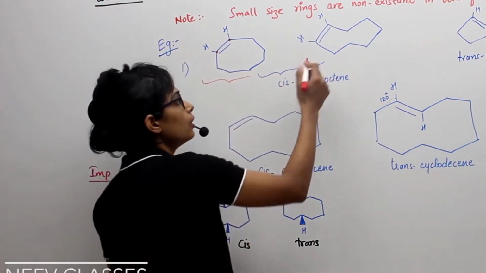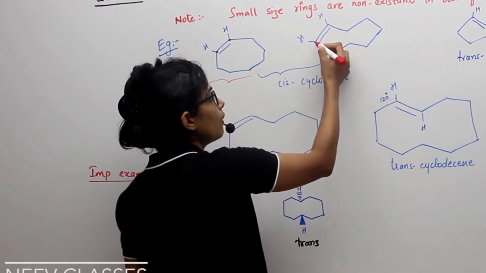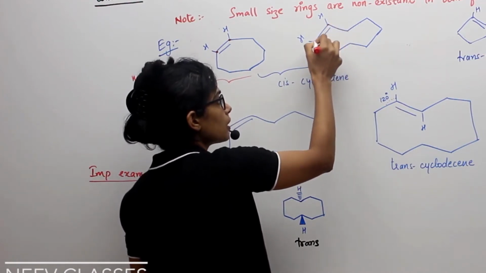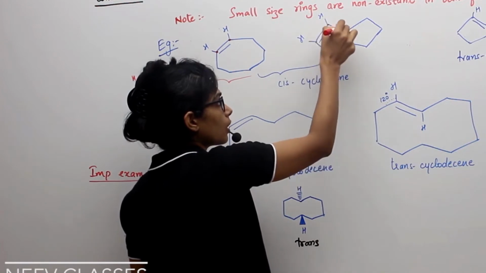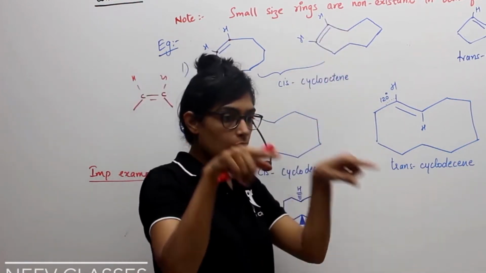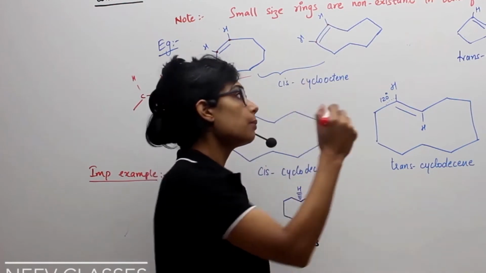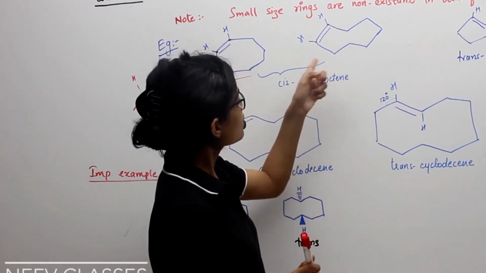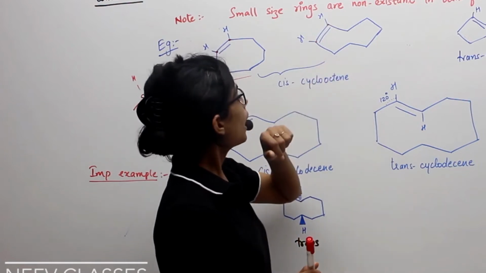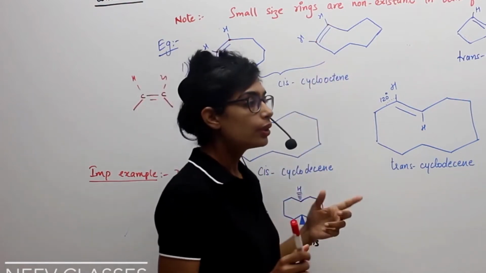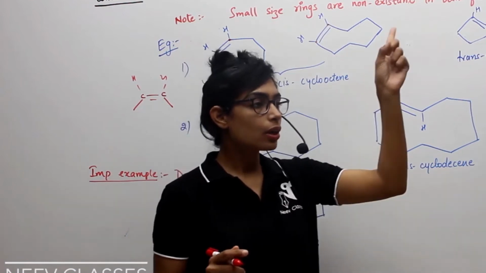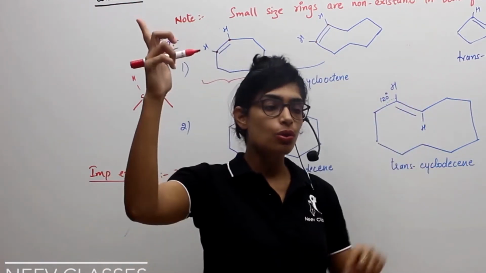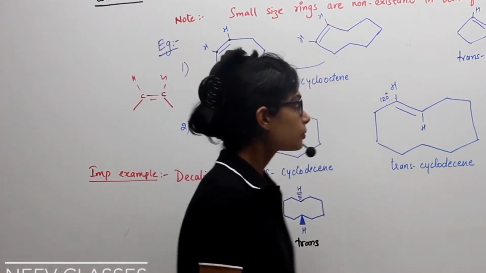Now cyclooctene can be written this way also. If I take these two carbons as the reference, this carbon has one R group down here, another R group down over here. So both R groups are down, both hydrogens are up, and this particular form will be called cis-cyclooctene. Now look at the same structure and try to see if we can form trans over here. What do we require for trans? One R group should be up and another R group should be down. Similarly, one hydrogen should go up and another hydrogen should go down.